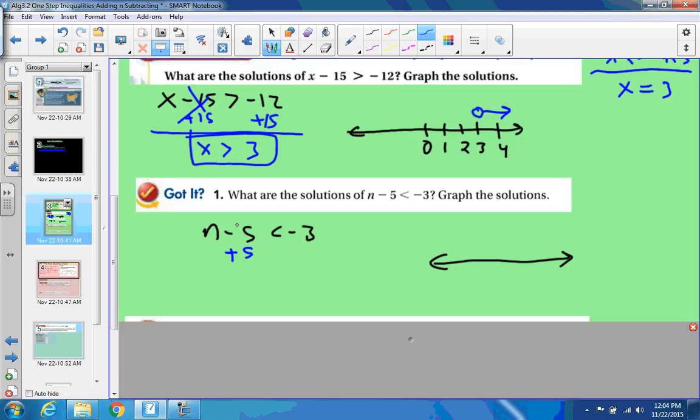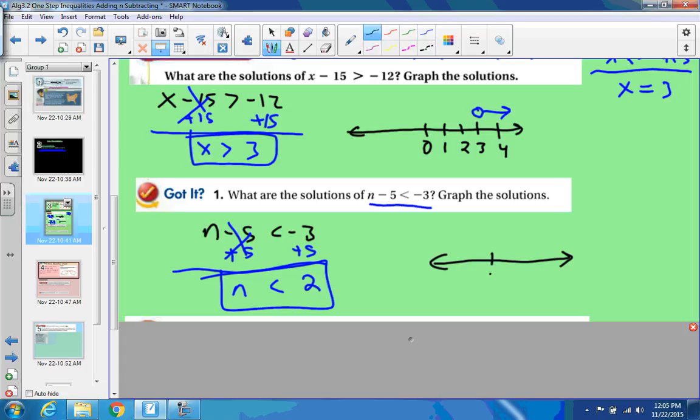Or if you change it to plus negative 5, adding 5 would still make that go away, make it 0. So you then add 5 to the right side, because what you do to one side, you must do to the other. And negative 3 plus 5 is positive 2. So our final inequality, which would be an equivalent inequality to the start, would be n is less than 2.